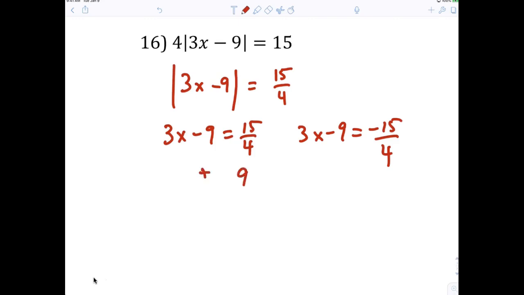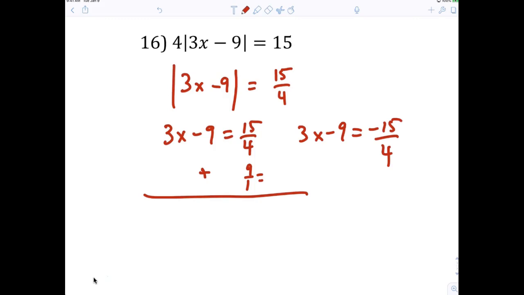All right, now here's the problem. When I add 9, what is that? Can you just do 9 over 1? Yes, make it 9 over 1. And now you can get a common denominator. So 9 is how many fourths? If you have 9 pizzas and you cut them into fourths, how many slices do you have? How do I convert that to a common denominator?